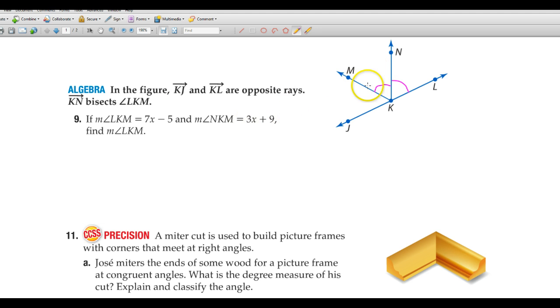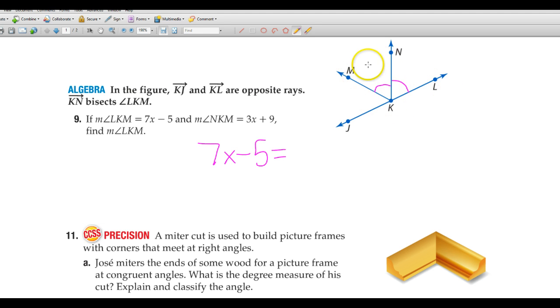So if we wanted to set up an equation and we have LKM is 7x minus 5, I wouldn't want to set it equal to NKM until I multiplied this angle by 2. So let's say that this angle is 50. So if this angle is 50, I would take 50 times 2, which would be this angle, which would be 100.